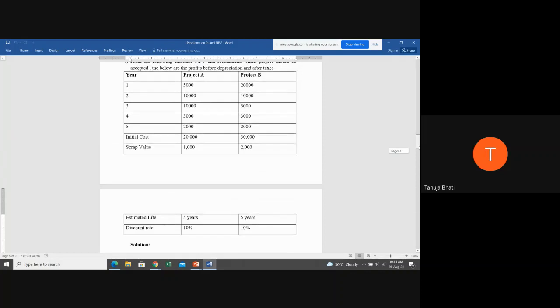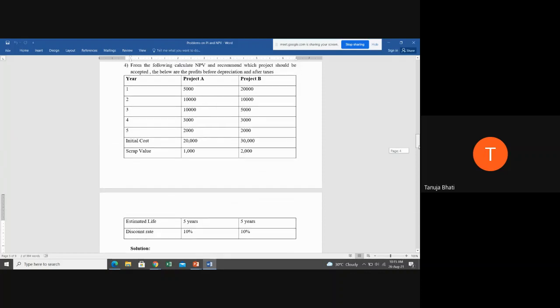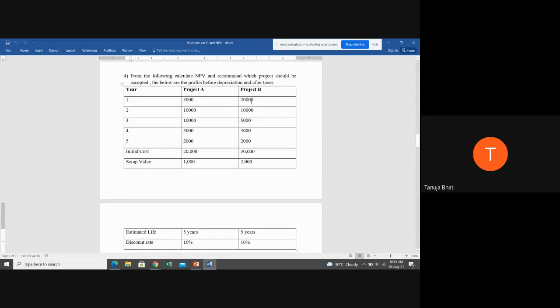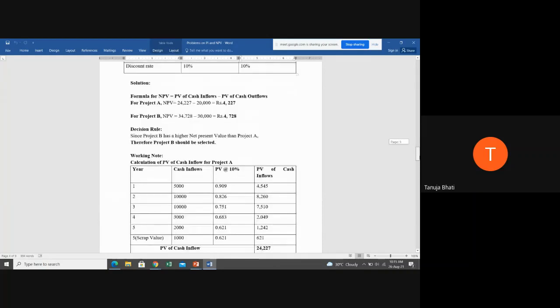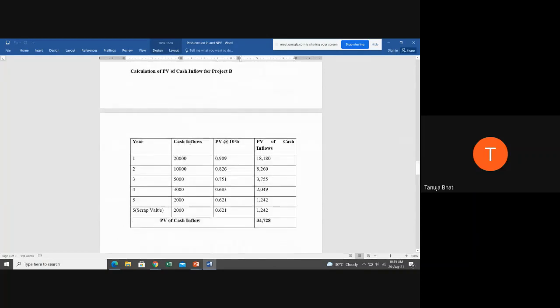On the same basis, you have to do the NPV for project B. For project B, you write the year and these values as it is, and then find the PV factor at the rate of 10%. See here, students, the calculation of PV of cash inflows for project B. Year and cash inflows you write as it is.